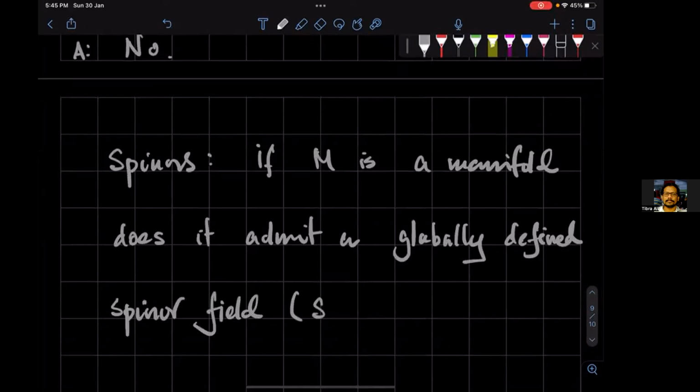It's called the spin structure mathematically. And the answer is there are restrictions on the manifold when we cannot do this. And so spinors give rise to new topological invariants, and they give us a new way of thinking about geometry that wasn't there before spinors.